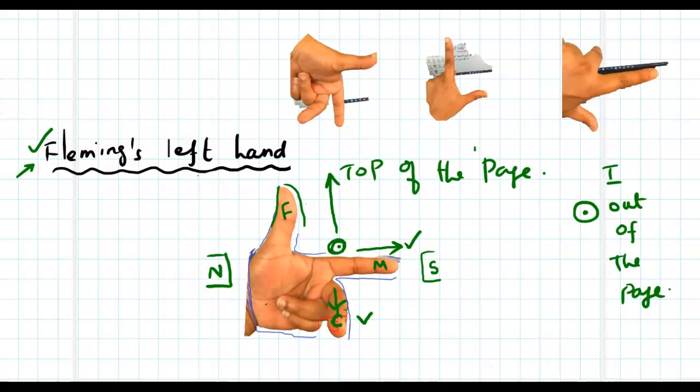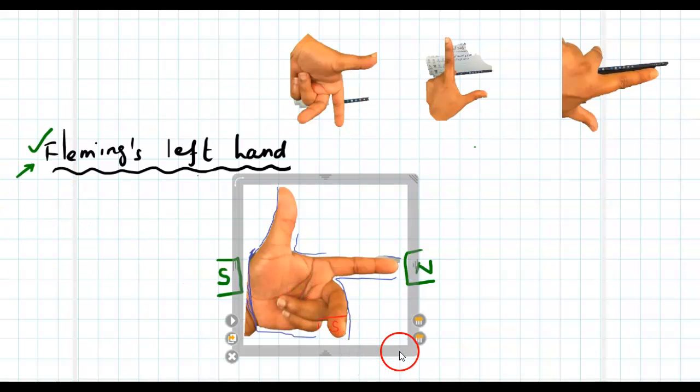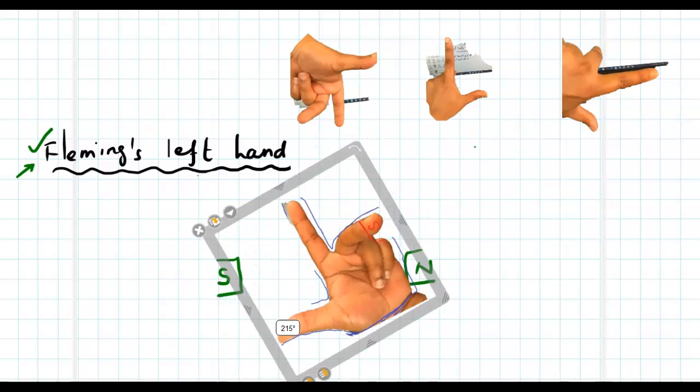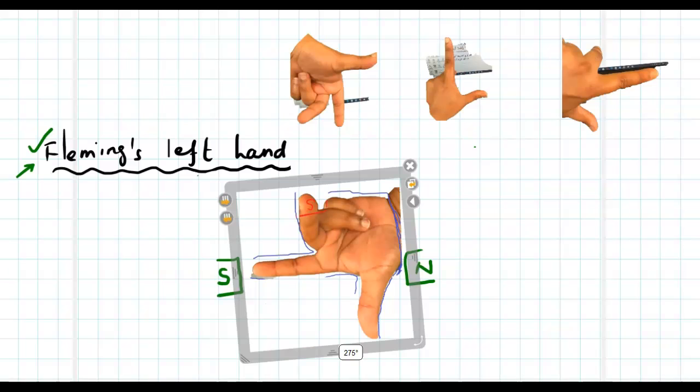In case the magnetic field lines are changed, here is the south and here is north. It is very difficult for your hand movement to go to the other side, you can't move it, it is difficult.